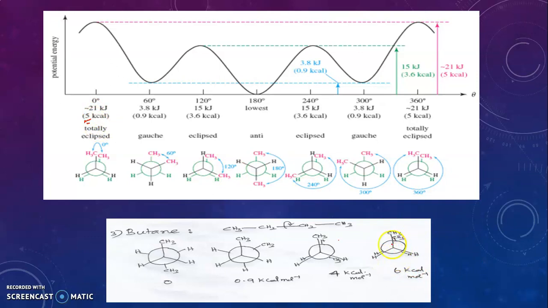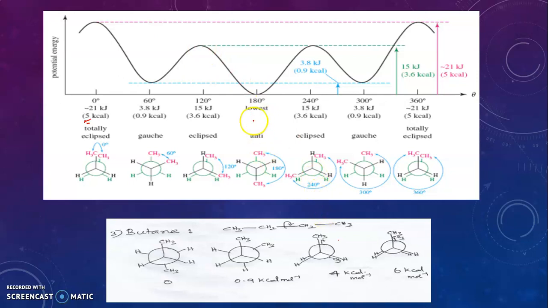So for this conformer, the energy is very high. Then at 60 degree, we will get a Gauss conformer. For the Gauss conformer, the energy is 0.9 kilocalorie per mole. Then at 120 degree, we will get a partially eclipsed conformer. For this, the energy is roughly 4 kilocalorie per mole, and this value is exact.